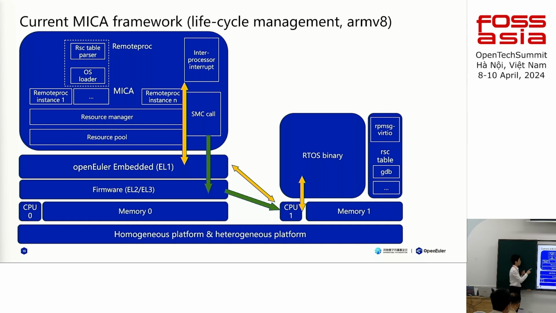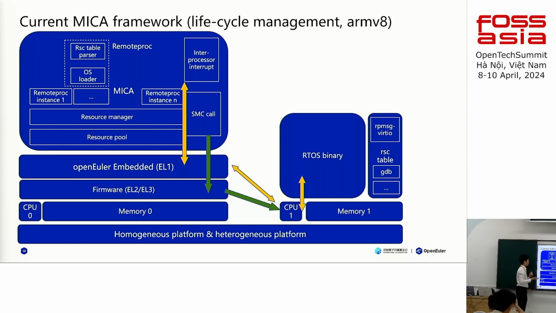So remote proc framework is a framework in the Linux kernel, and it provides a standard way to abstract the remote operating systems. Like in the framework, each remote operating system is a remote proc instance.